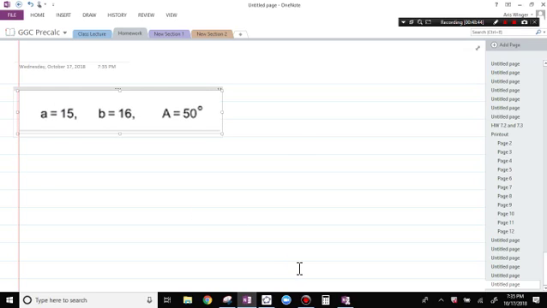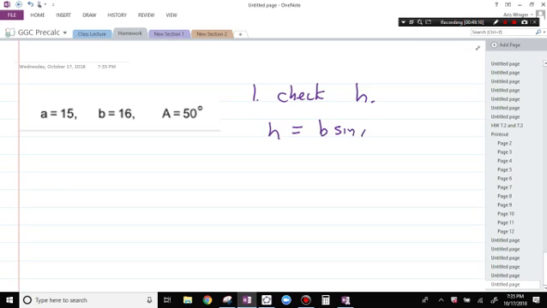All right, let's get the steps out again. So now, if A is bigger than H, then we will be able to find 2 triangles. Right? So 1, check the height. 12.3. Is it? So H is B, the sine of A. In this case, it's 16, the sine of 50.